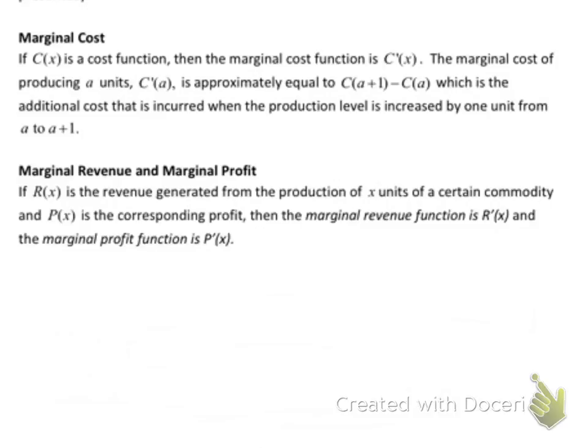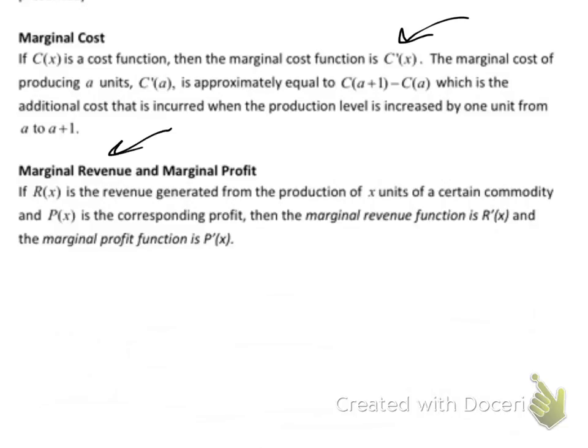So C prime of x is marginal. And don't expect me to explain that when I ask it on a test or a quiz. If they say find marginal cost, you need to know it means C prime of x. Or if they ask you to comment on marginal cost and they give you C prime of x, you need to recognize what that is.